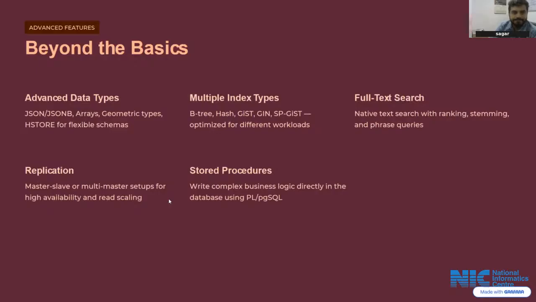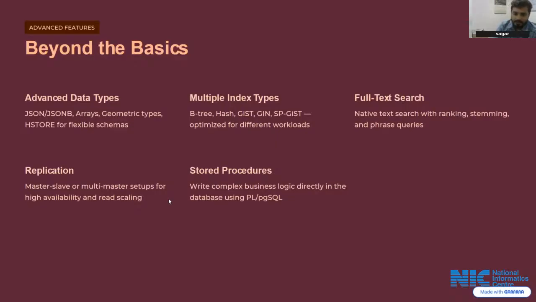Moving ahead, beyond the basics. Okay, so beyond the basics, what we have: advanced data types, multiple indexes, and full text search. PostgreSQL isn't just about basic tables and SQL. JSONB gives you NoSQL-like flexibility with the power of relational indexing.